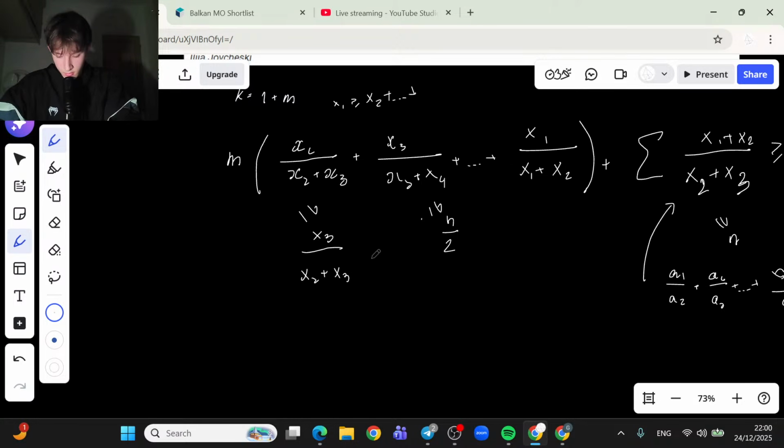Wait, is it correct? Yeah, and this thing is greater than or equal to x4 over x3 plus x4. And same with this thing here, it's greater than or equal to x2 over x1 plus x2.